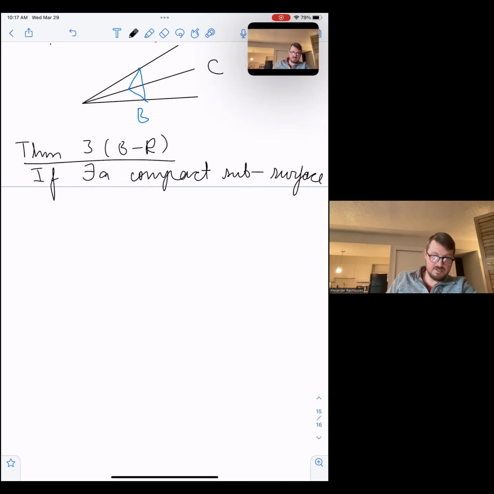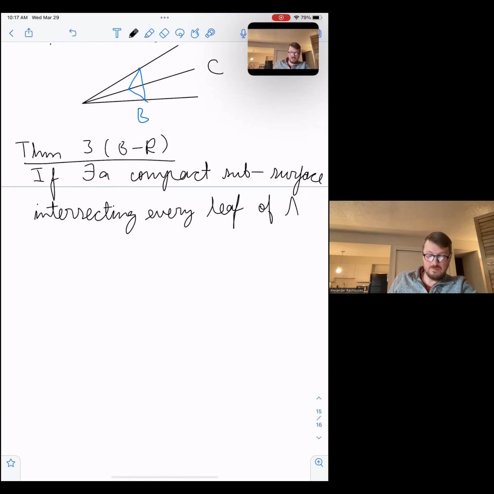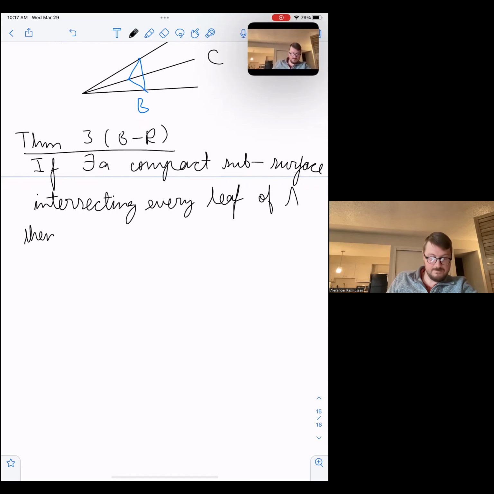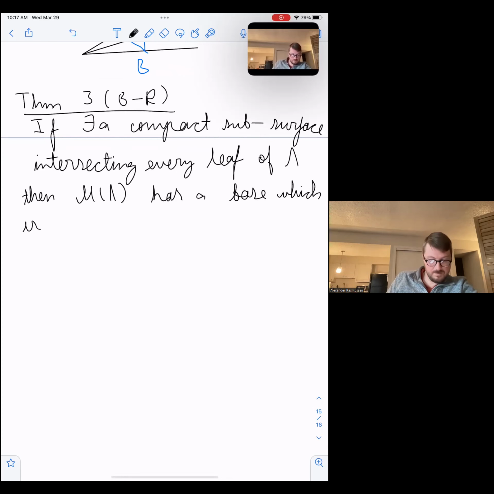So if there exists a compact subsurface of X intersecting every leaf of lambda, then this cone of transverse measures, M of lambda, has a base which is a nice type of space, namely a Choquet simplex.